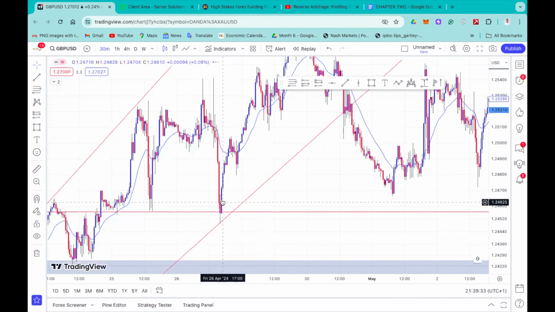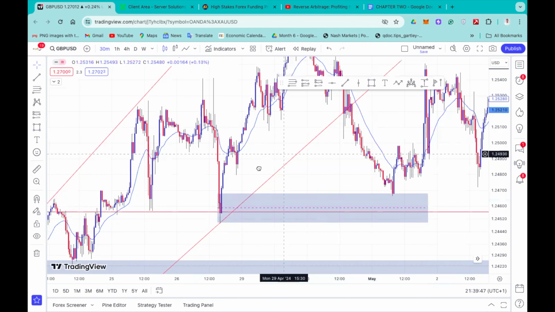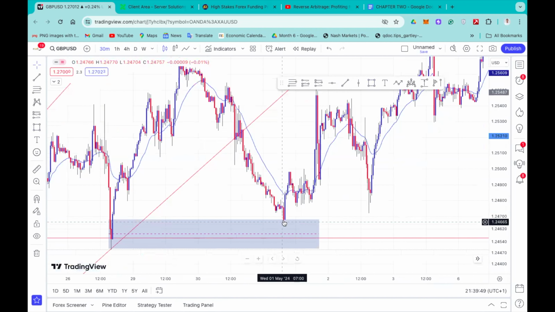You can see here, this was the last bearish candlestick before this massive impulsive move that gave us imbalance here. And then when price came back, it tapped into it, and then we had this confirmation.